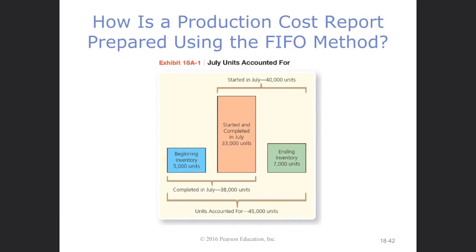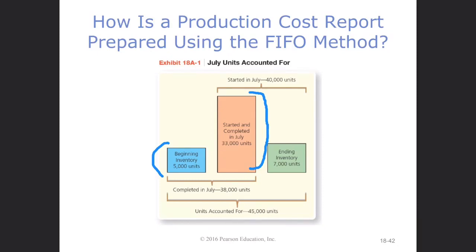So we started in July and completed 33,000 units. At the beginning of July, we already had 5,000 units. We started and completed 33,000 units, so in July, the total number of units that we completed was 38,000.